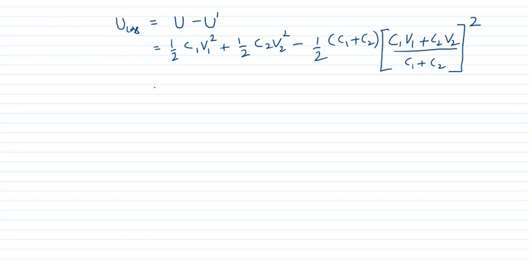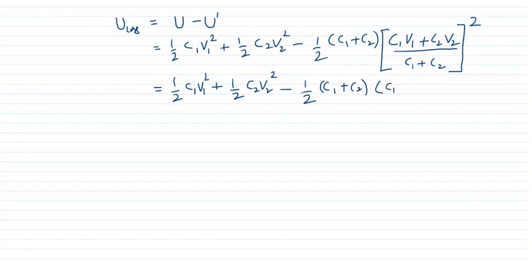I think now we will solve it. 1 by 2 C1 V1 square plus 1 by 2 C2 V2 square minus 1 by 2 (C1 V1 plus C2 V2) whole square divided by (C1 plus C2). Now this will be cancelled out.